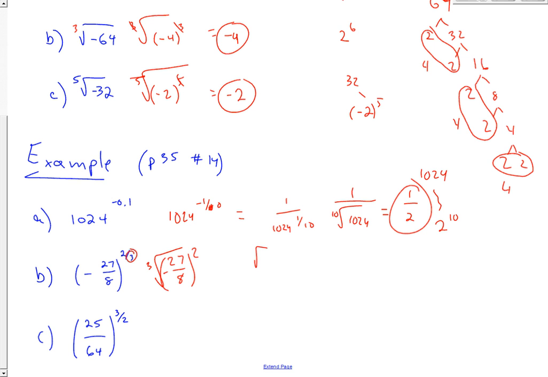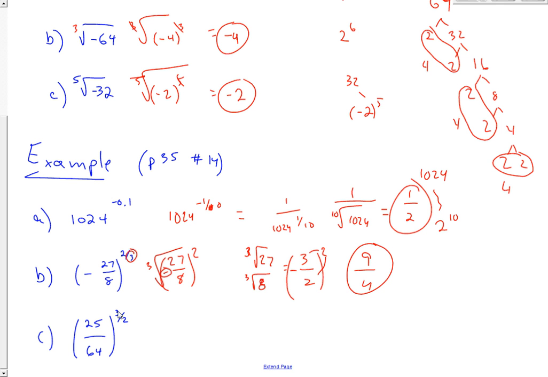The cube root of 27 is 3. The cube root of 8 is 2. This negative is going to stay negative because we're talking about an odd root out here. And then we square this, and we will get this negative value, because the even exponent is going to become a positive answer. 3 squared is 9, and 2 squared is 4.